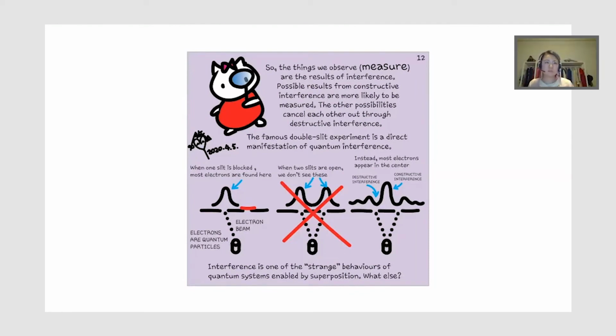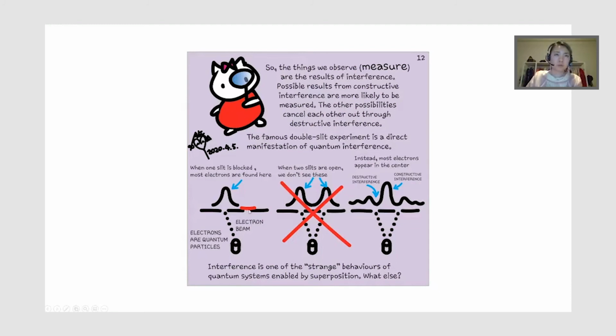You probably heard of it sometime in your studies. There, you can create an experiment with two slits letting electron beams go through. And we know electrons are intrinsically quantum mechanical particles. They will behave in a quantum way.